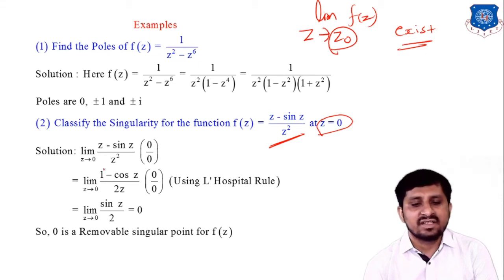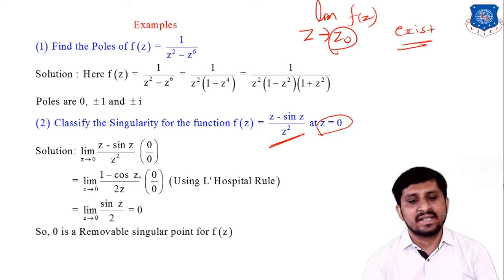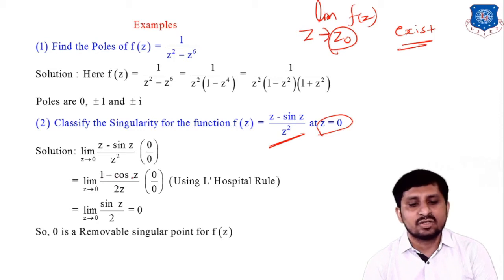Differentiation of z minus sin z is 1 minus cos z, since differentiation of z is 1 and differentiation of sin z is cos z, and differentiation of z square is 2z. Now once again you have 0 by 0 form: as z tends to 0, 1 minus cos 0, cos 0 is 1, so 1 minus 1 is 0, and the denominator is 0.